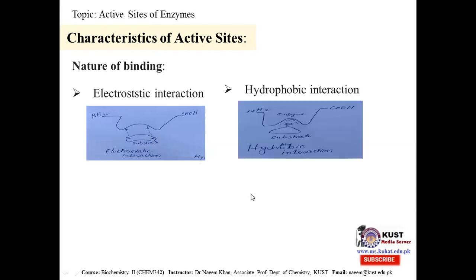Also, hydrogen bonding is there, because in amino acids there are several electron rich and more electronegative groups such as COO negative of the acid group, or NH2 of the lysine group. If the substrate has electron rich species or electropositive hydrogen, there will be interaction of the electron rich lone pair and the electron deficient hydrogen, and this is called hydrogen bonding.